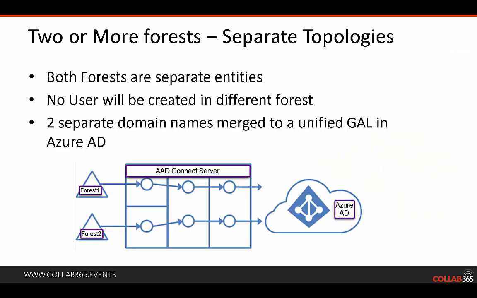All right, the next option is two or more forests with separate topologies, but a single Azure AD. In this option, we have two or more forests which are separate entities, which means that they have separate email addresses and separate UPNs. So no user will be created with the same email address, and the same UPN will not be used, so they will not have a conflict.